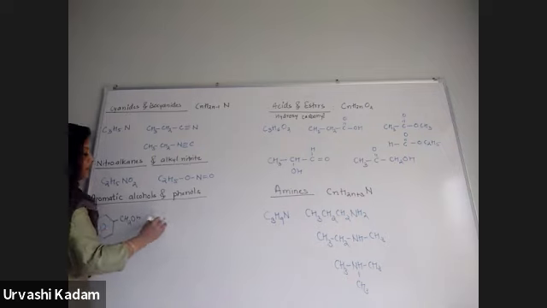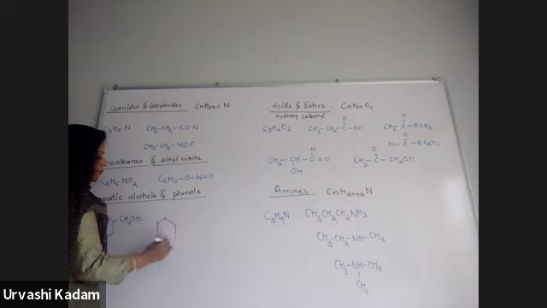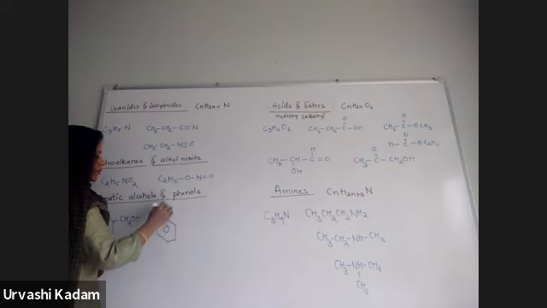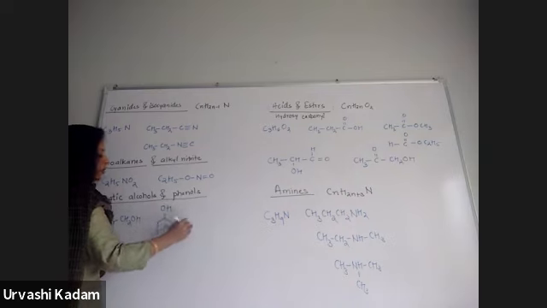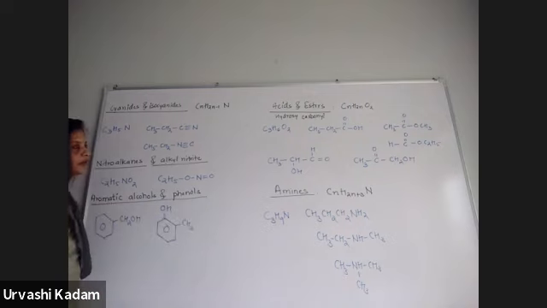And a cresol, and that can also be meta, para, any position. So what are these two of each other? These two are functional isomers. Alcohol is a different functional group. Phenol is a different functional group. We are going to understand them as we go ahead. Then next will be oximes and amines.